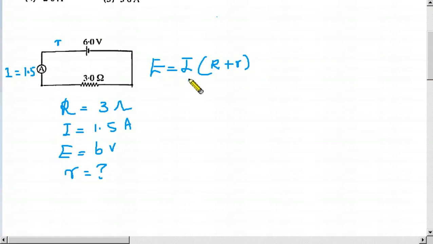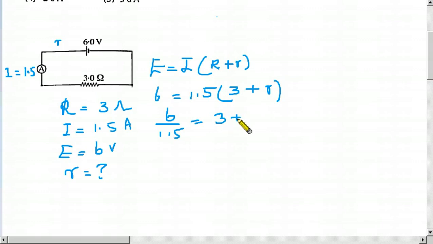This is the equation that we use for such circuits. So E is 6, current is given as 1.5, capital R is 3, small r we don't know. So 6 divided by 1.5 equals 3 plus r.